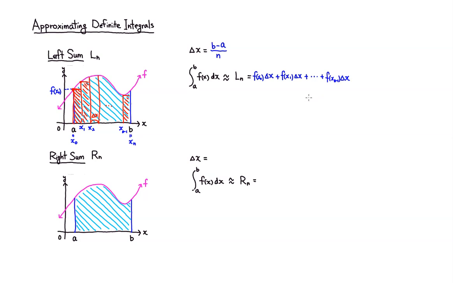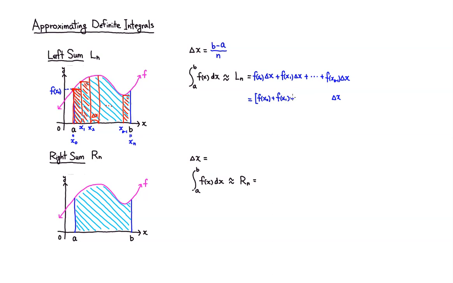So to make it look better, we can pull out the delta x, because delta x is a common factor. So I'm going to pull it out at the end. So we're going to put delta x right here. And then you have first one is f of x0. Next one is f of x1.